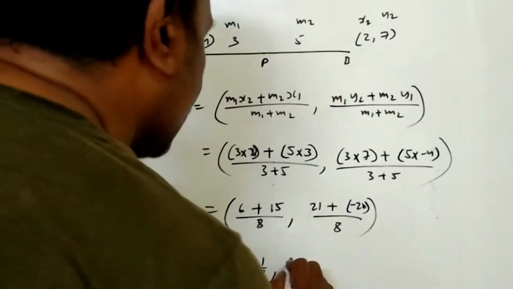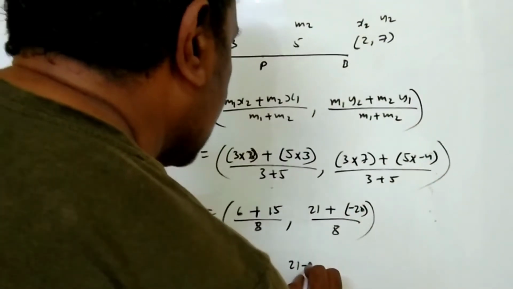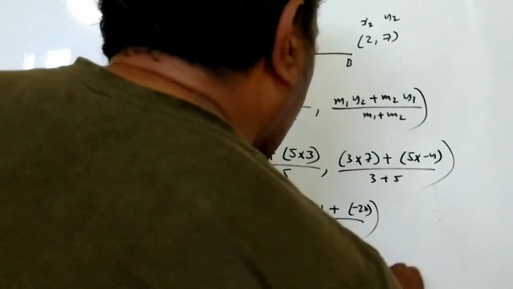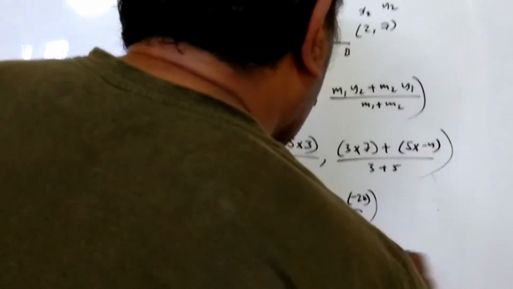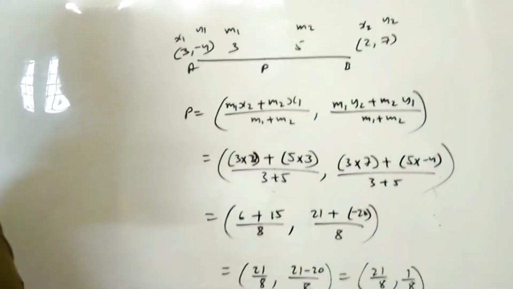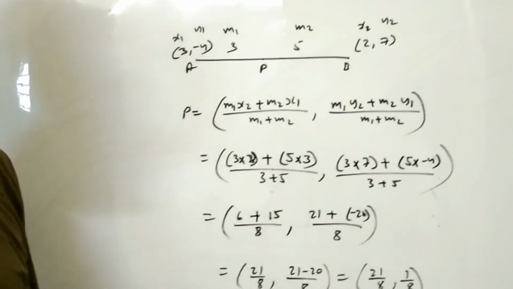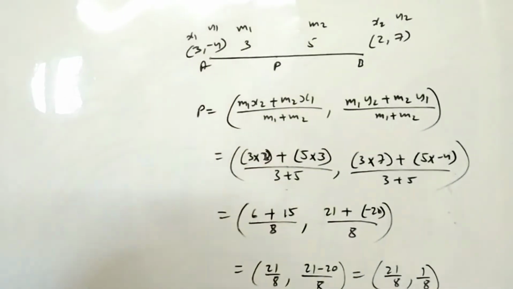And 21 minus 20 is 1 by 8. So these are the coordinates of P: (21/8, 1/8). Sometimes you will get an integer, sometimes a rational number, and so on.